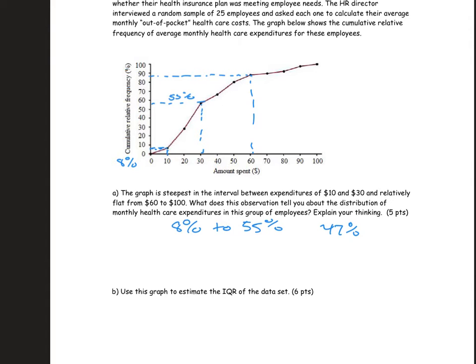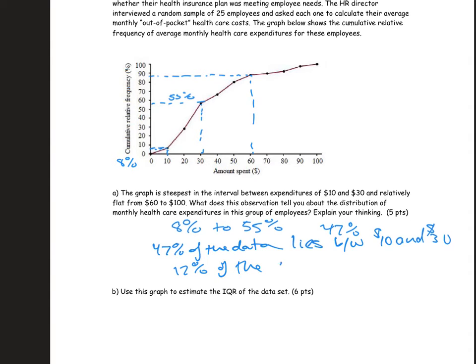So again, 47% of the data lies between $10 and $30, meaning that 47% of the 25 employees spent between $10 and $30 out of pocket per month, whereas only 12% of the data lies between $60 and $100.